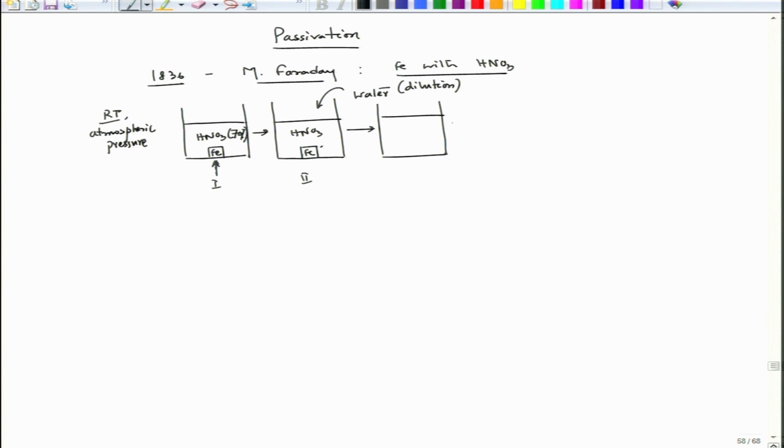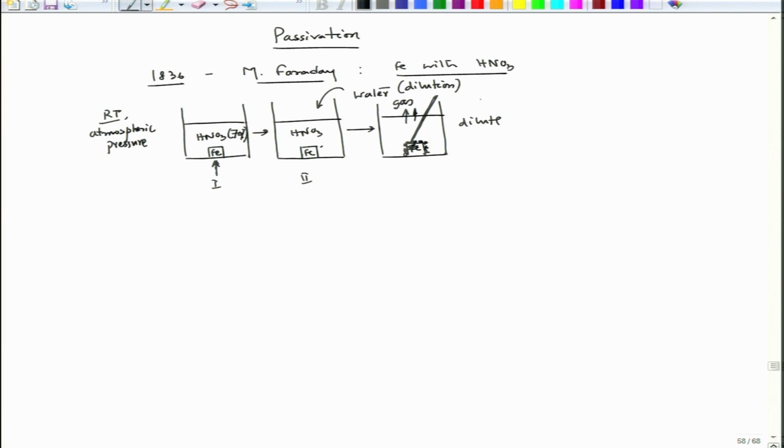This is still dilute and the metal iron is still there without any change. Now take a glass rod, a sharp glass object, and scratch this iron surface. If you scratch, you will see that vigorous bubbles are forming on the surface and gases are coming out.